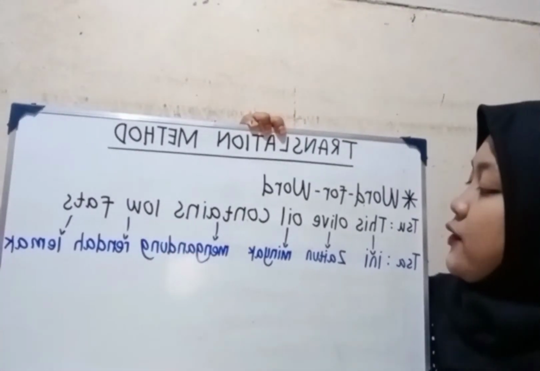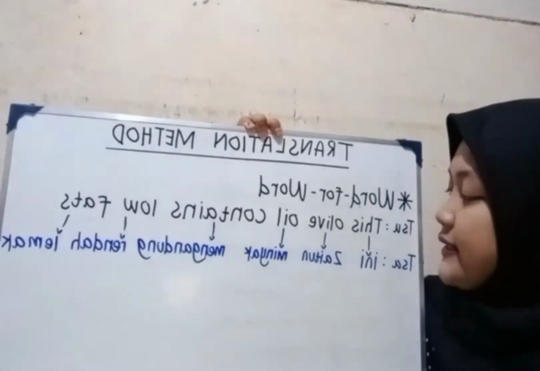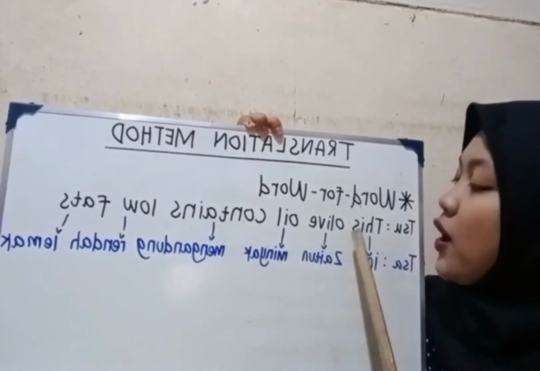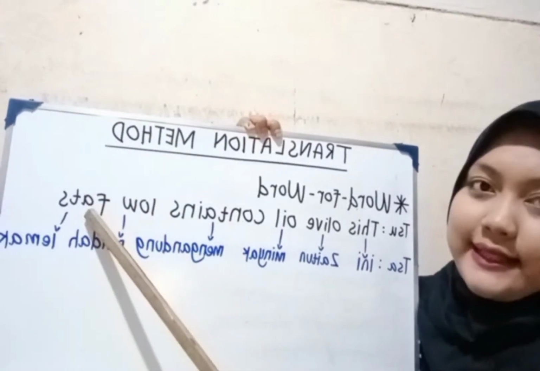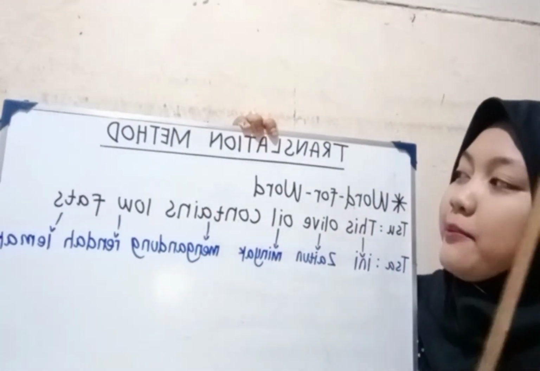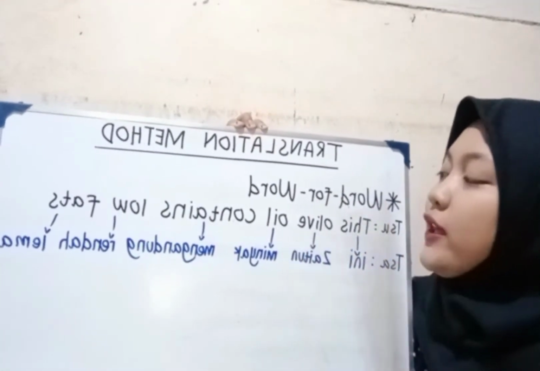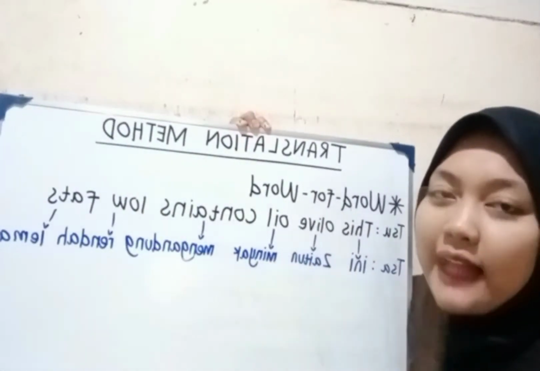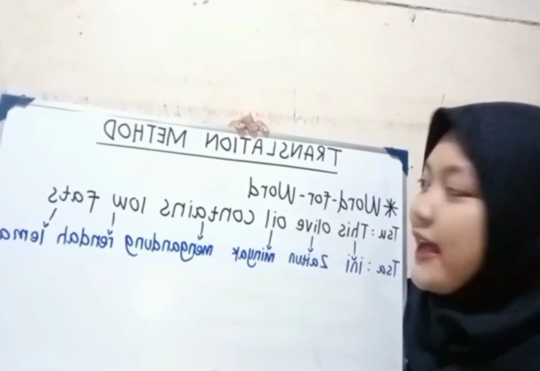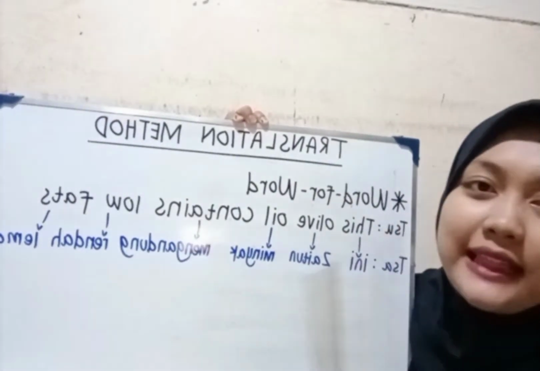The short text is: this olive oil contains low fats. Because now we use the word-for-word translation method, atau yang biasa dikenal dengan penerjemahan kata per kata.